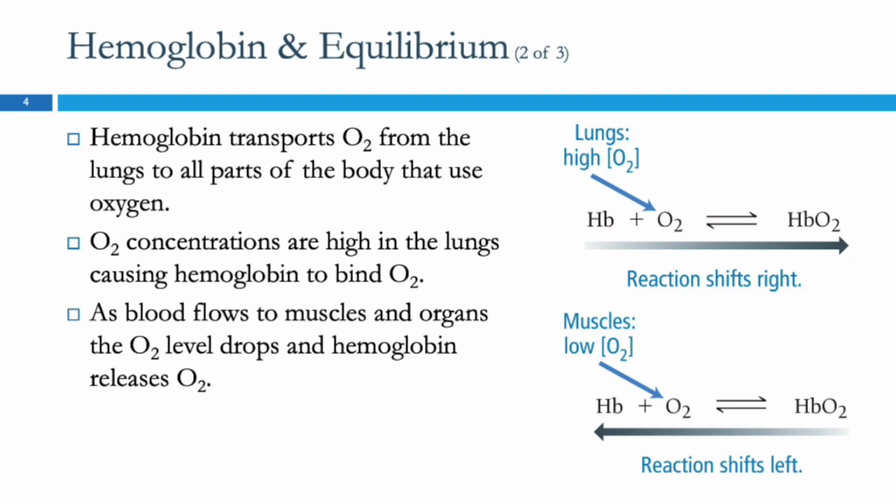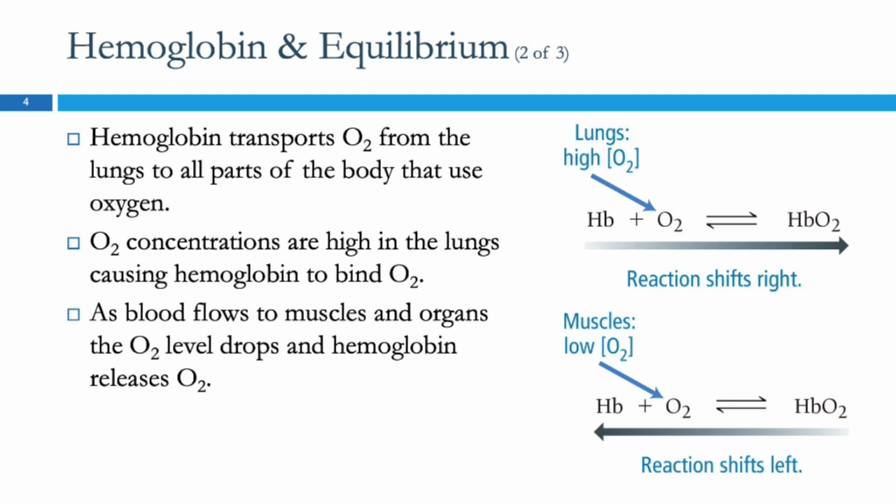So hemoglobin will bind with oxygen, and it transports the oxygen from your lungs all over your body, right? In your lungs, there's a lot of oxygen, relatively speaking. And so because there's a lot of this reactant, the reaction shifts to the right, and the hemoglobin will bond with the oxygen.